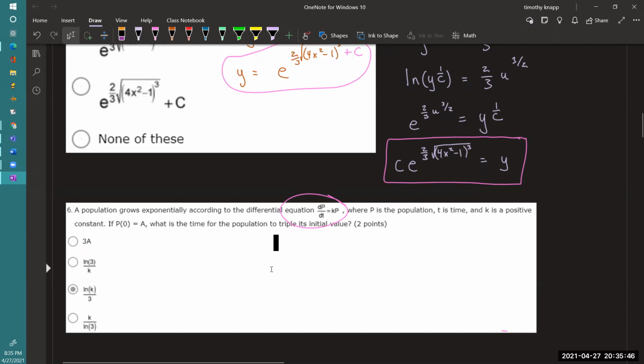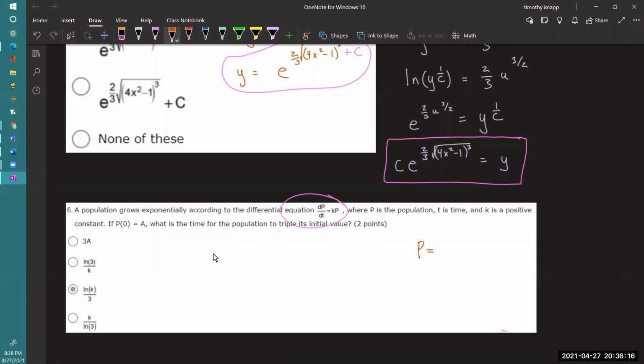Now, what I do with these ones, generally speaking, is I often don't work in the differential equation. Strangely enough, I work in the grade 12 kind of exponential function, which looks like this.